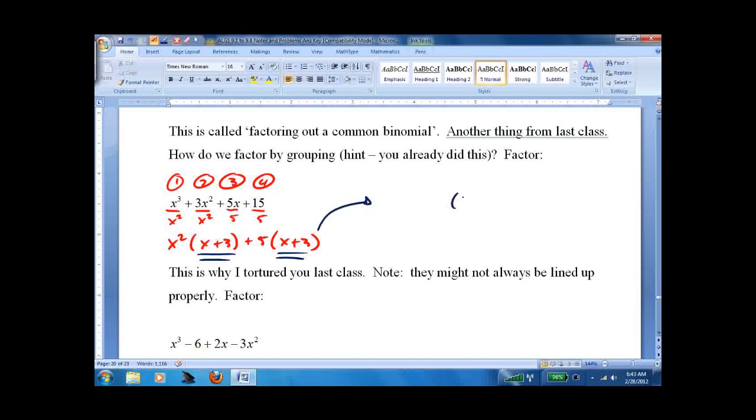Finish it off, we put the x plus 3 back here, x squared plus 5 up here. Should be able to do this based on the work we've done in the past. Made your life miserable and tortured you a couple classes ago, and now hopefully it'll be a lot easier.